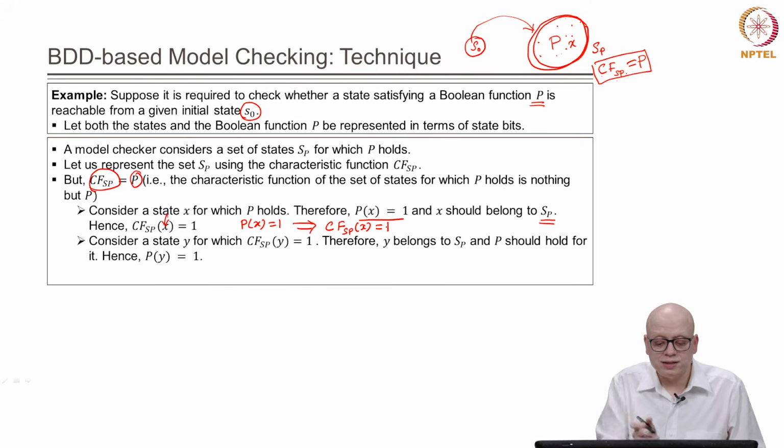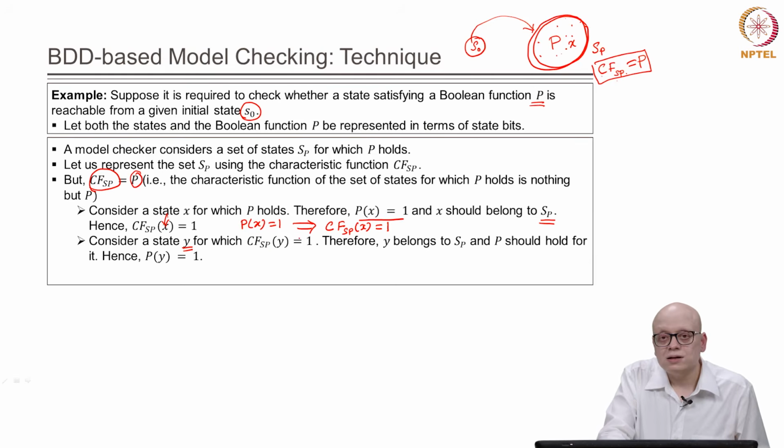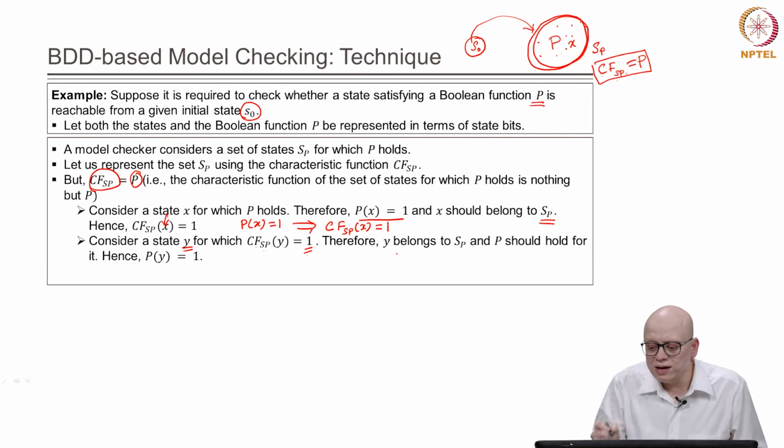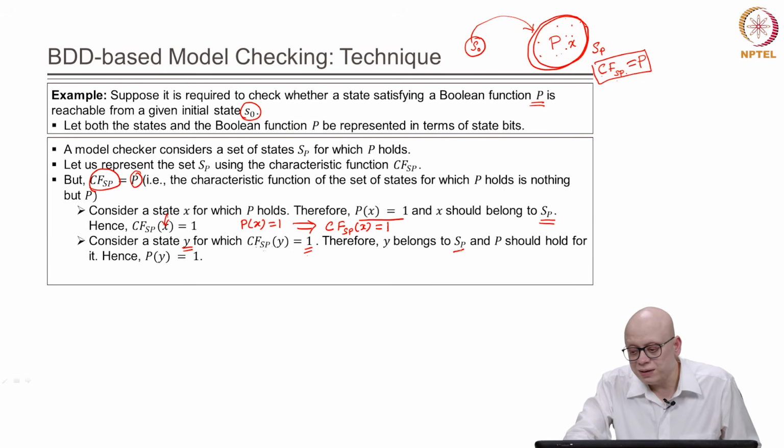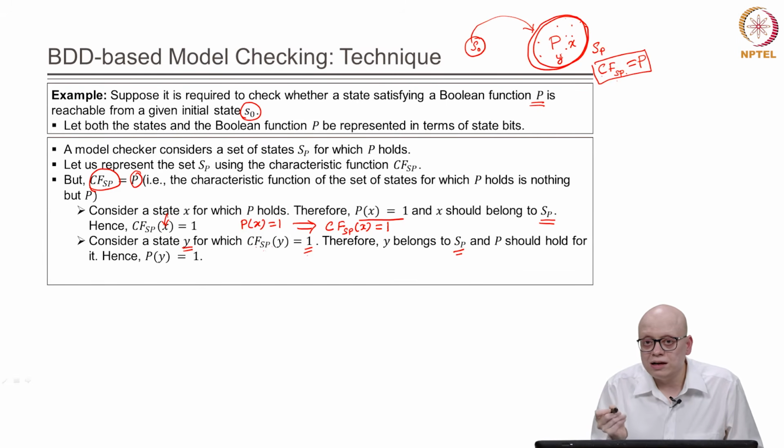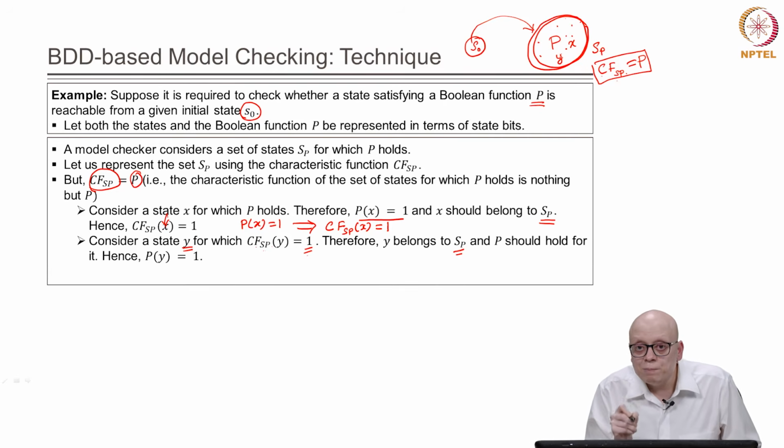Now, consider another state y for which the characteristic function gives us a value 1. So, CF_SP(y) evaluates to 1. Therefore, y belongs to SP. If the characteristic function gives us a value 1 for a state y, it means that y belongs to the set, and therefore y belongs to SP.